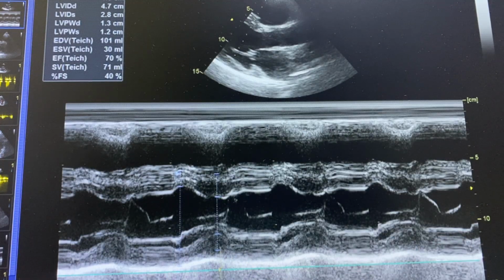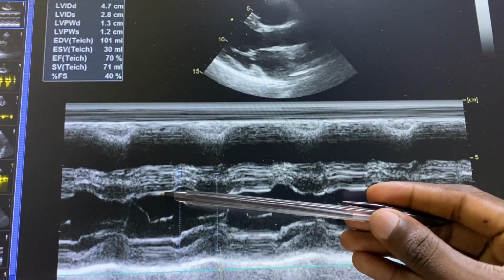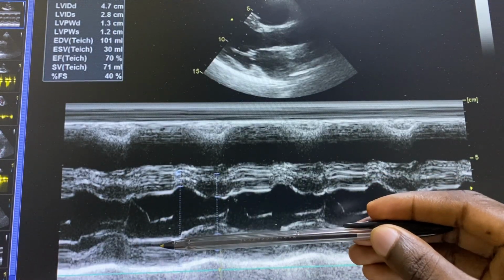At end diastole, we have to measure, that is the largest LV size we can get. We are not supposed to measure from here up to here, because this is not end diastole.